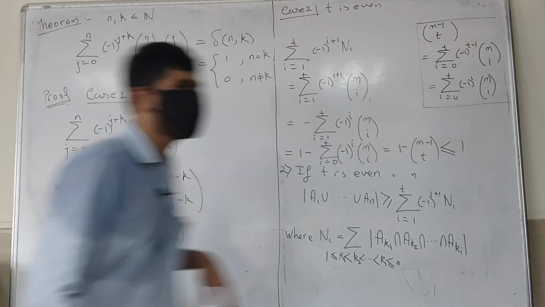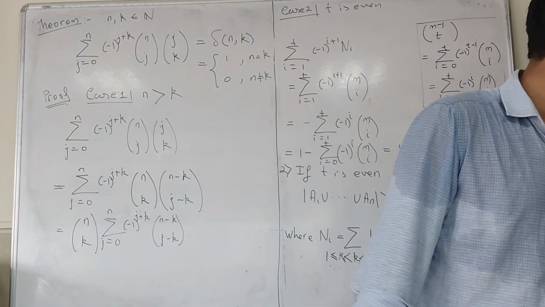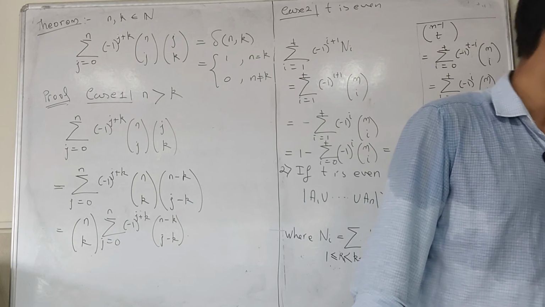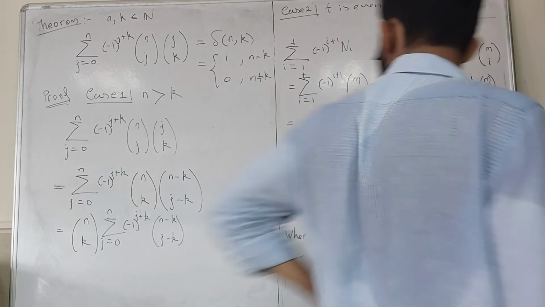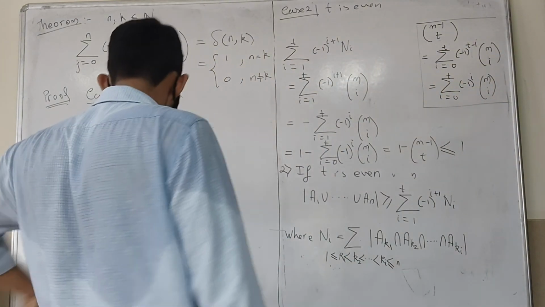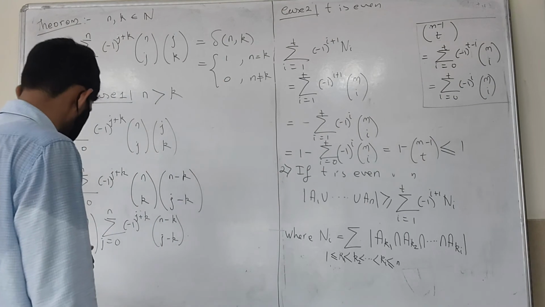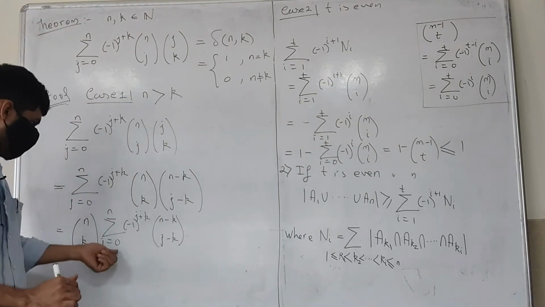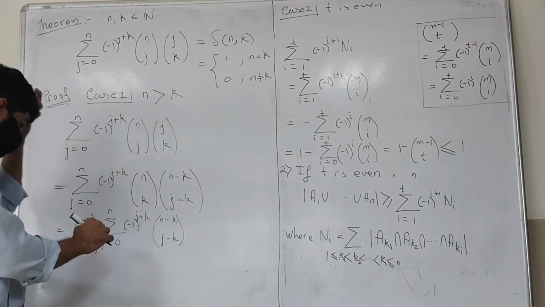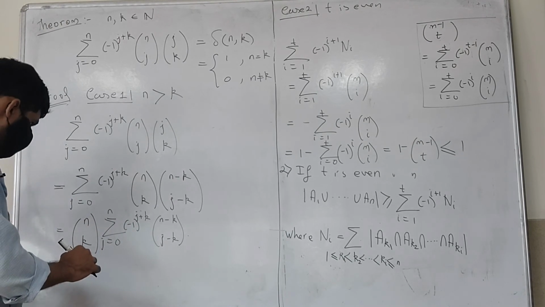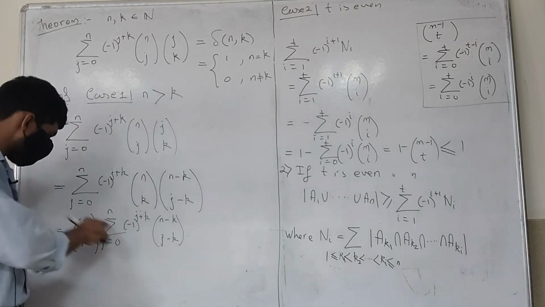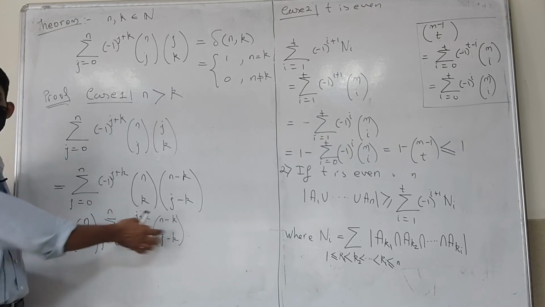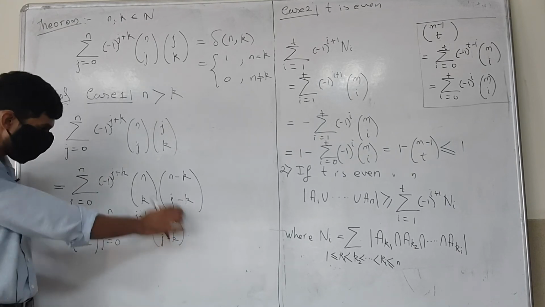Yeah, so what you can notice here is that the moment these terms exceed n minus k, all these will become 0.